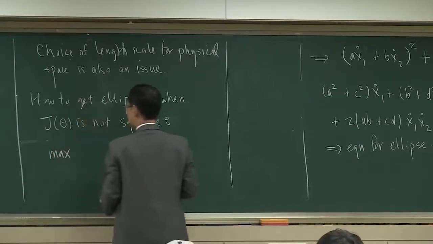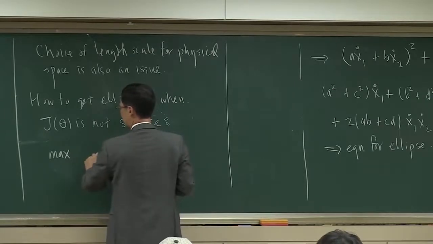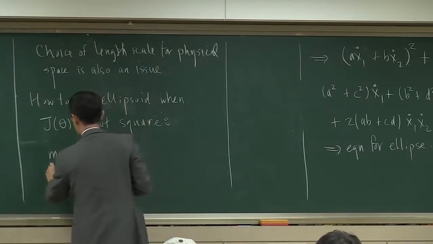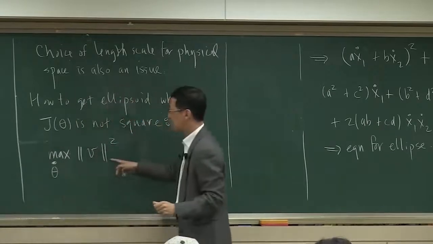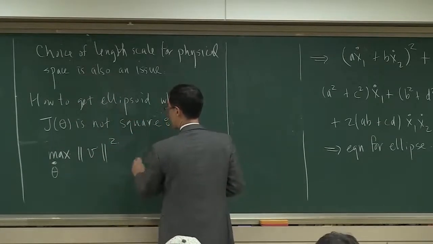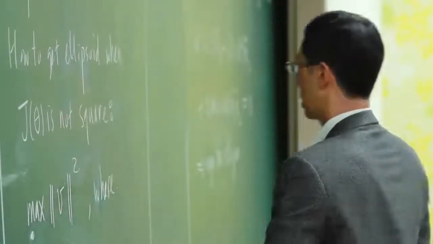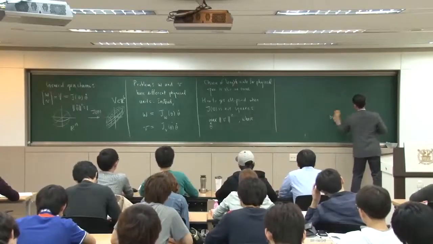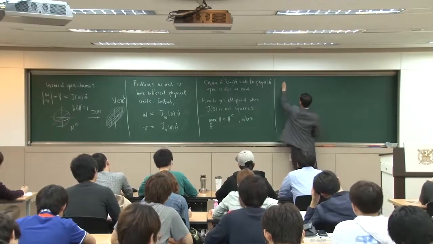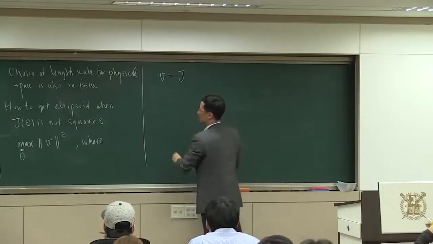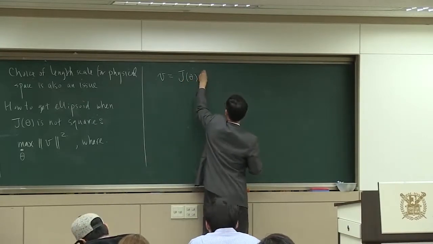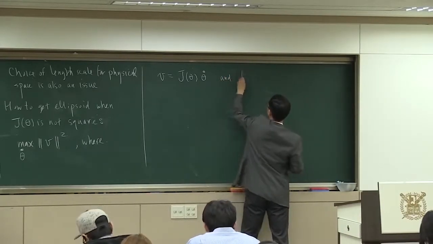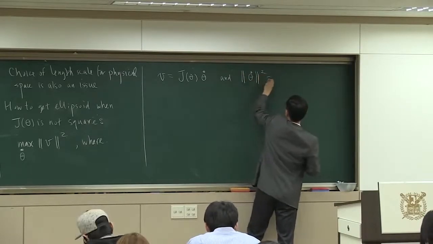What we want to do is find, let's consider V. We would like to find the theta dot that maximizes V, where V equals J of theta dot, and we also want theta dot to be unit length.